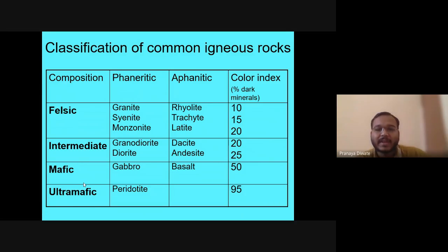Then you have syenite and trachyte. Syenite and trachyte are known as having the same mineralogical composition. The difference between these two is the grain size.